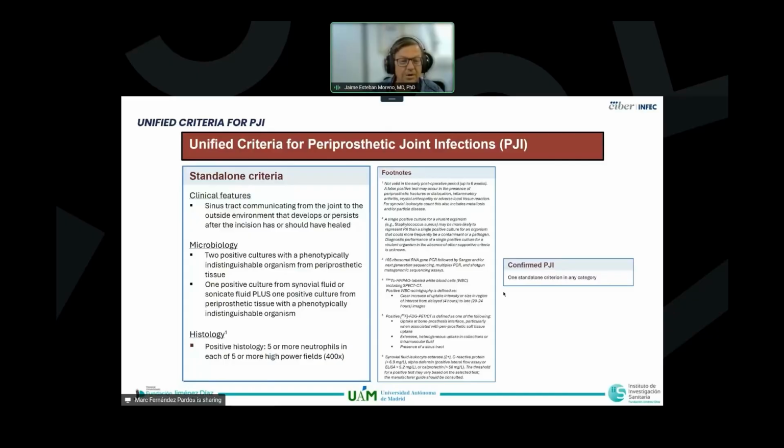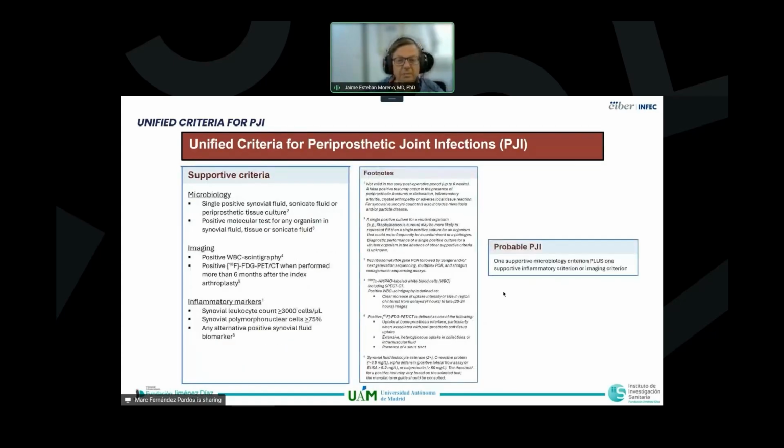There are microbiological criteria: two positive cultures, or one positive culture from synovial fluid or sonicate plus one positive culture from periprosthetic tissue, which means that you can have one positive culture from synovial fluid, for example, and one positive culture from periprosthetic tissue, and this is diagnosis. And we have histology as a criterion to perform the diagnosis of prosthetic joint infection. This standalone criteria has been demonstrated to have more than 95% sensitivity to perform the diagnosis.